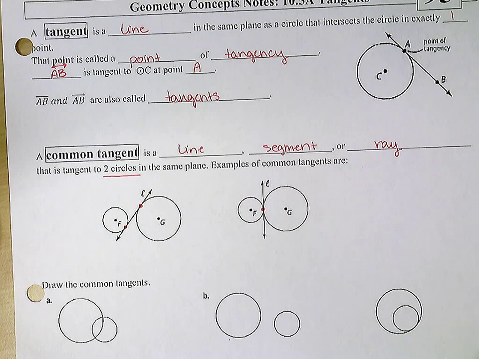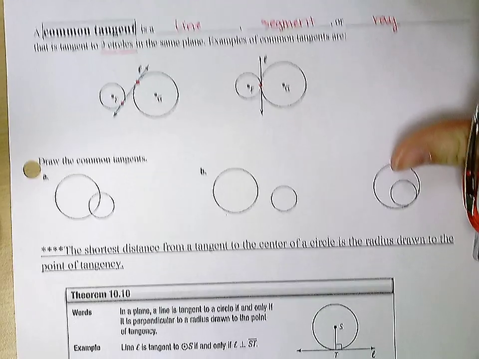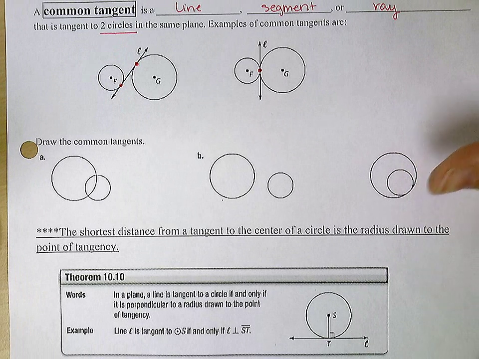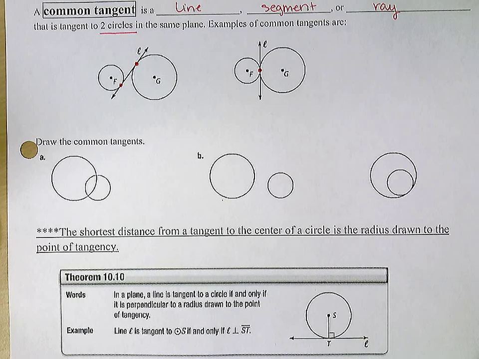So we're looking to see where that line hits exactly one point. We are going to draw in the common tangents in the examples below. That's why I had you pick up a ruler so you can draw some nice straight lines. So, letter A, there are two common tangents for those two circles.